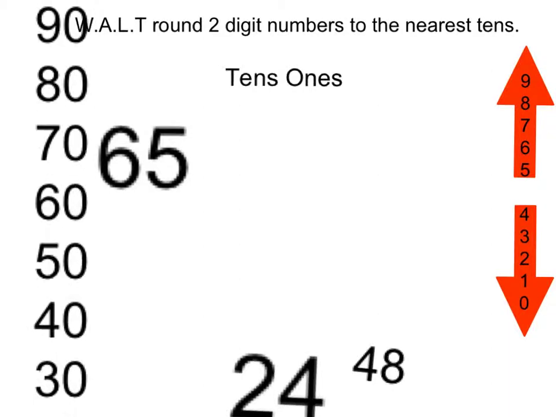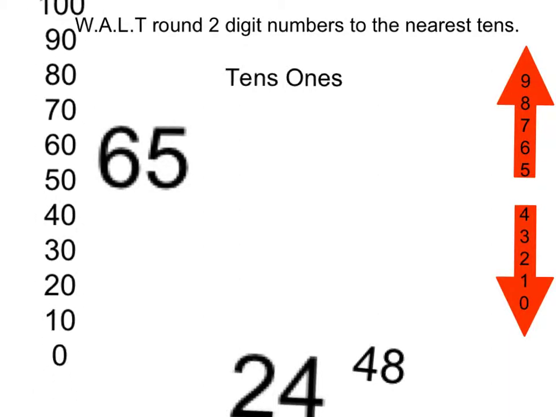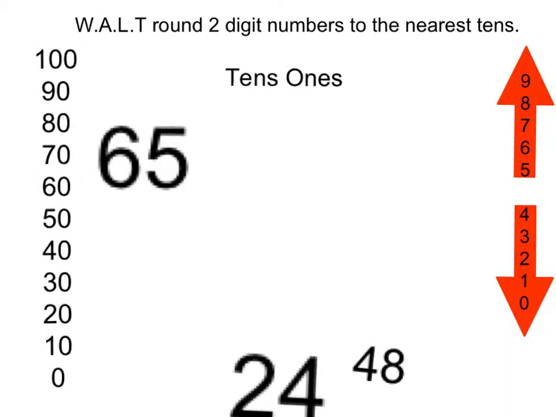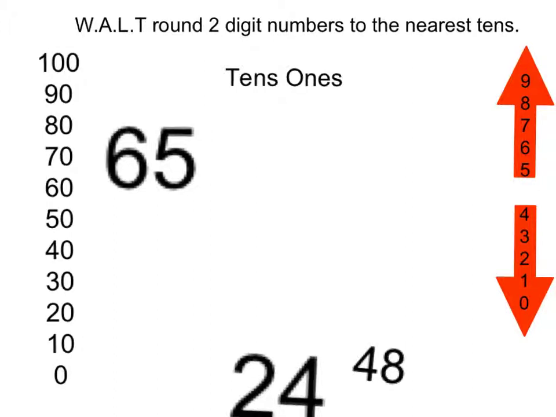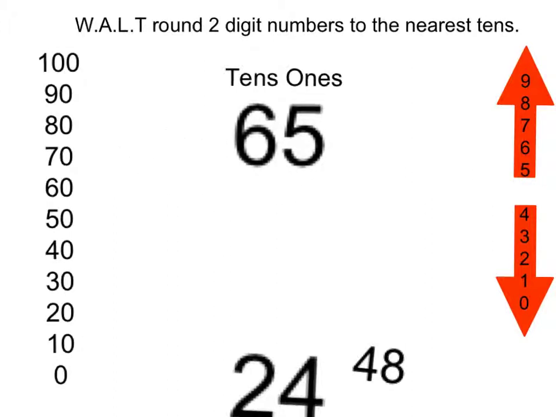So it can be difficult to work out which way it goes. Well, we use the Swedish rounding system, which means that when it's a 5, you always round up. To help you out here, we have the 5 in the arrow pointing up, so that means that 65 would be 70.